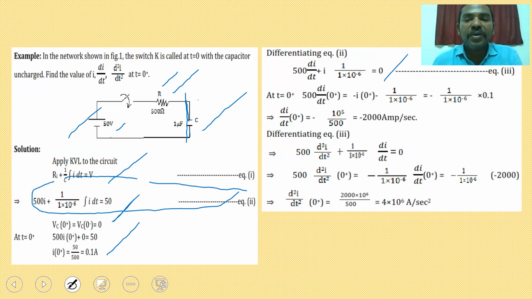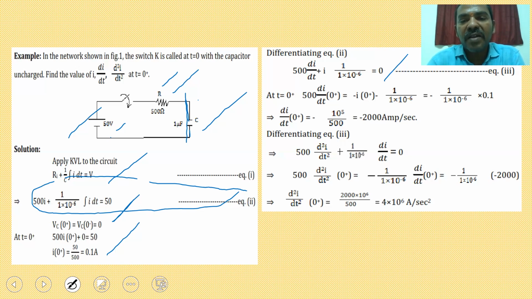So if you substitute, what you can get: 500 di/dt of 0 plus is equal to minus i of 0 plus, so minus 1/(1 into 10^-6) into 0.1.